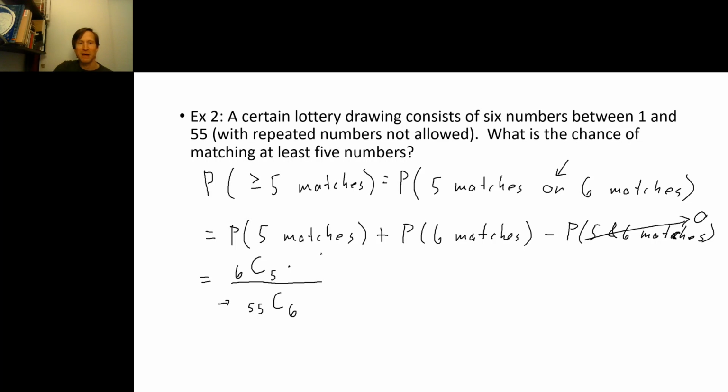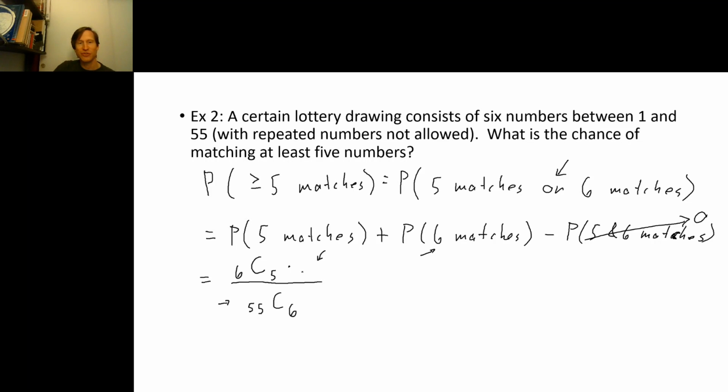Now we need to multiply by, right? We have already specified by writing down 6 choose 5, which of the 6 chosen numbers we're matching. Now we need to choose one more number, but it has to be a number that doesn't match, because we've already matched 5. We want to make sure we don't match 6, because we're going to account for that separately over here.